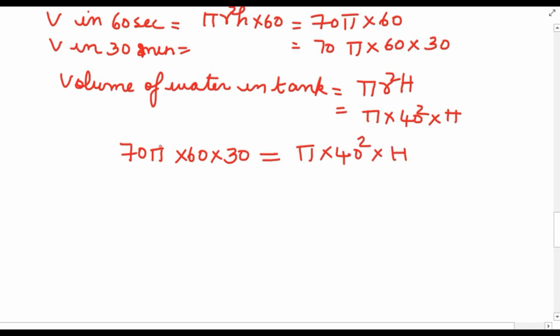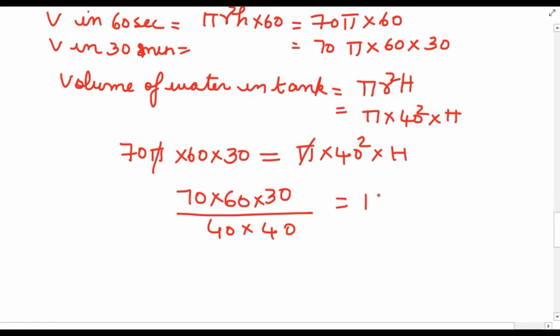Pi and pi I can cancel. H will be 70 into 60 into 30 divided by 40 into 40. That will give you the height of the water in the tank. You can cancel this.